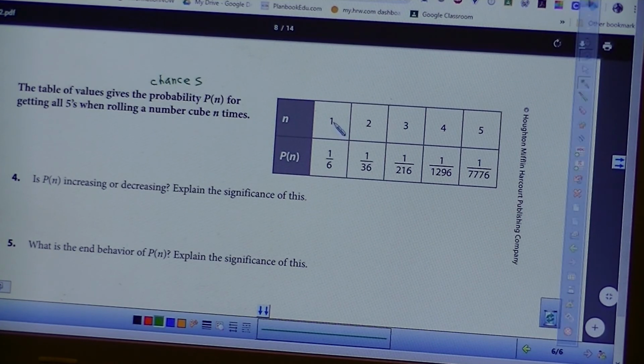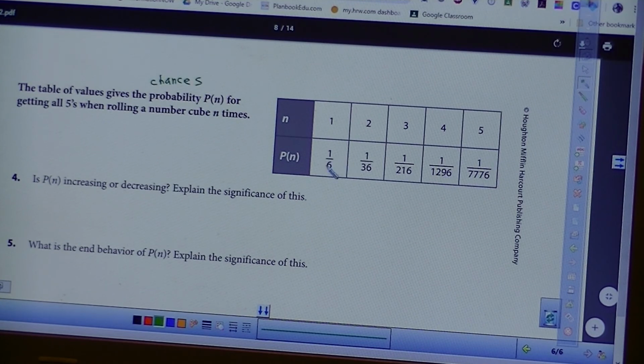So if I roll it once, what's the chance of getting a 5? 1 out of 6. Okay, what if I roll it twice? 1 out of 6 times 1 out of 6, which is 1 out of 36. If I roll it 3 times, what are the chances of getting a 5 three times in a row? So 1 out of 6 times 1 out of 6 times 1 out of 6, and you get this right here. Well, do it again, times 1 out of 6, and so you see what's going on.